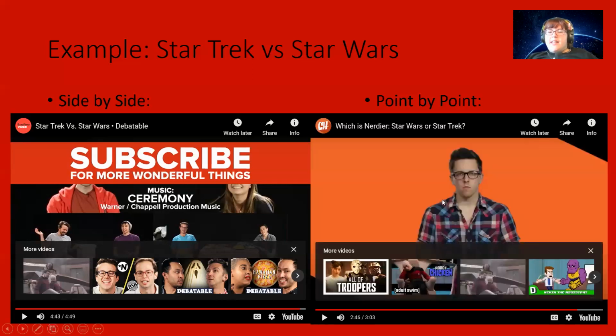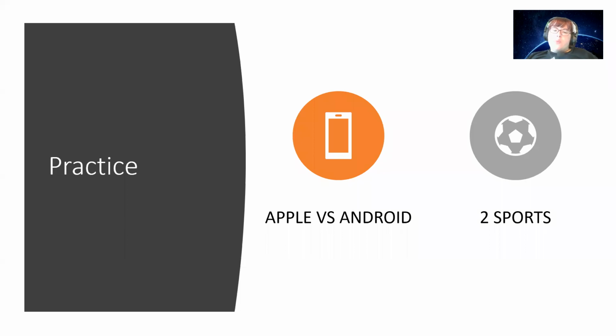So as you can see, they talk about each point by point about both sides. So where Star Trek and Star Wars both talk about science, special effects, when they both talk about these different things, they talk about both sides point by point. As a way to practice, usually in class, I would have people tell me what are some of the good and bad about Apple phones versus the good and bad about Android phones.